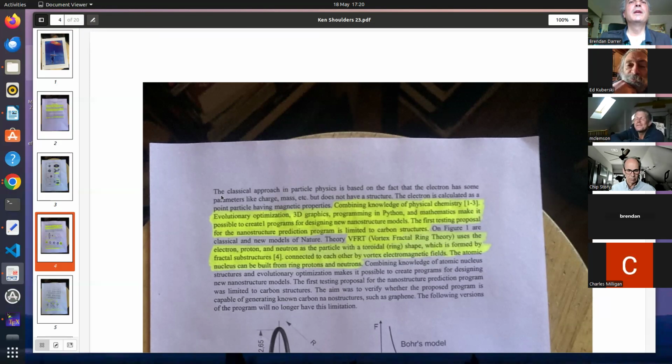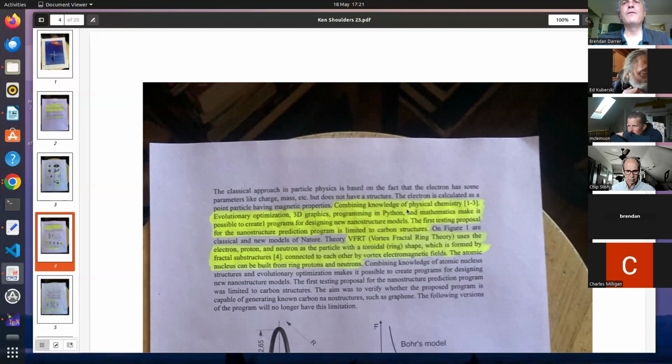The classical approach in particle physics is based on the fact that the electron has some parameters like charge, mass, etc., but does not have a structure. The electron is calculated as a point particle having magnetic properties.